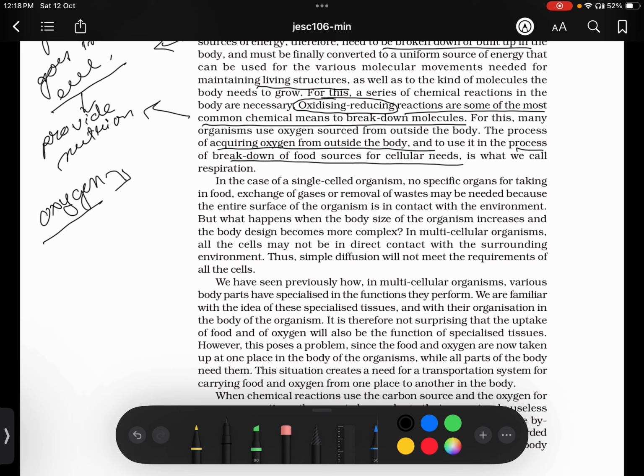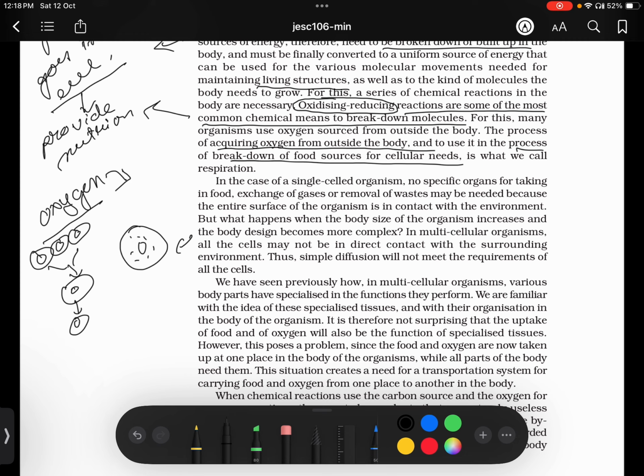In the case of a single-cell organism, earlier we were talking about a tissue system, a cell, and inside the cell. Now what happens in a single cell? In a single cell, various organelles are there.